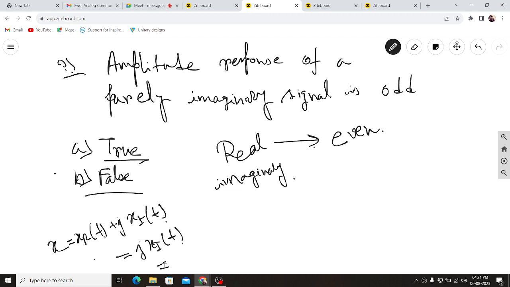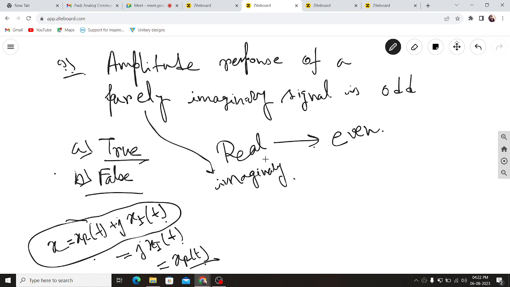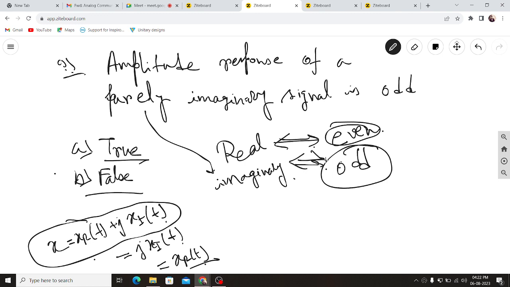A real signal is xr(t). If I say the signal is complex, then this is the signal. So if a signal is purely imaginary, in that case it is odd in the other domain. This is the duality property. So basically the answer will be true.